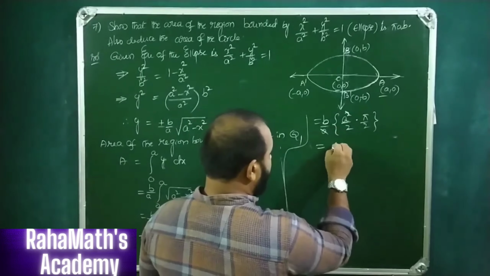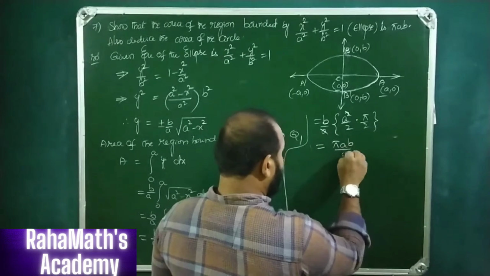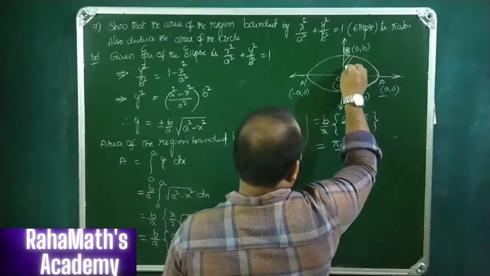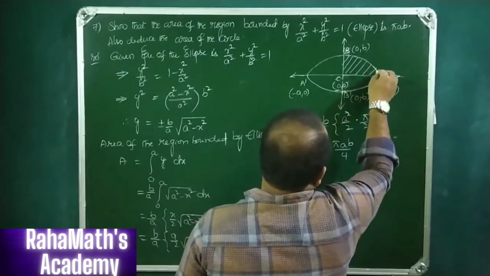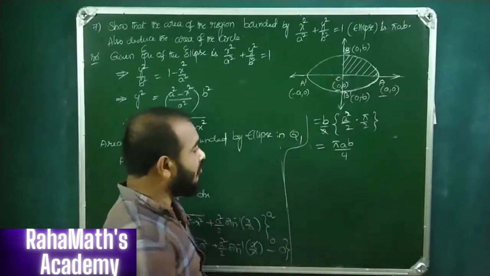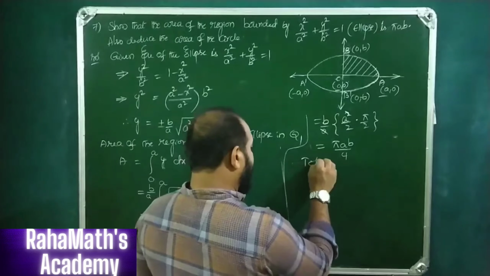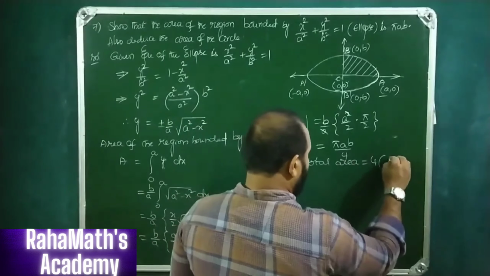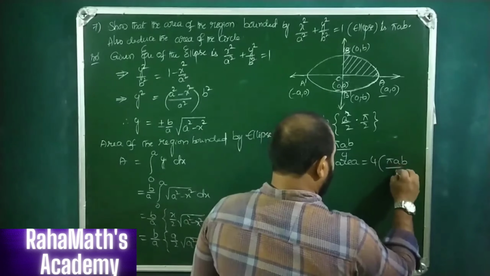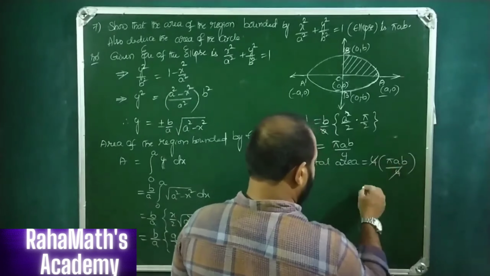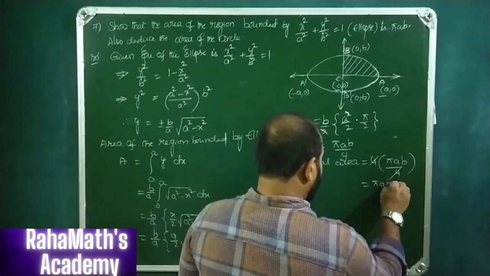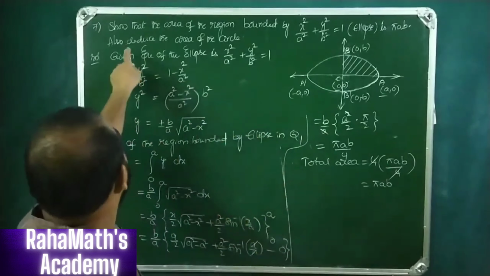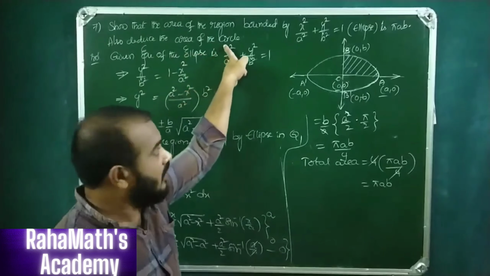This is pi ab by 4. But this is the area of the region bounded by the ellipse in the first quadrant itself. Such quadrants are 4 in total. Therefore, total area is equal to 4 into pi ab by 4. This 4 gets cancelled. Pi ab is the area.